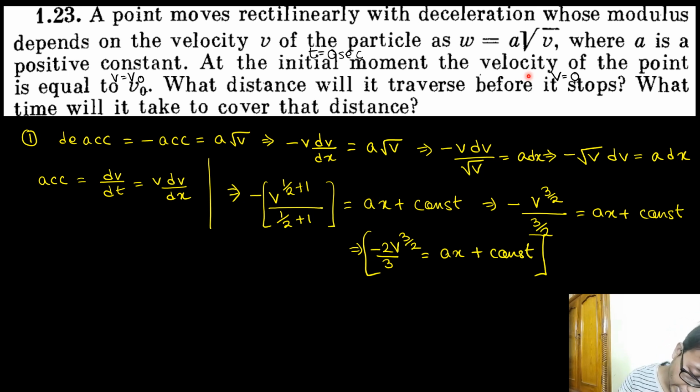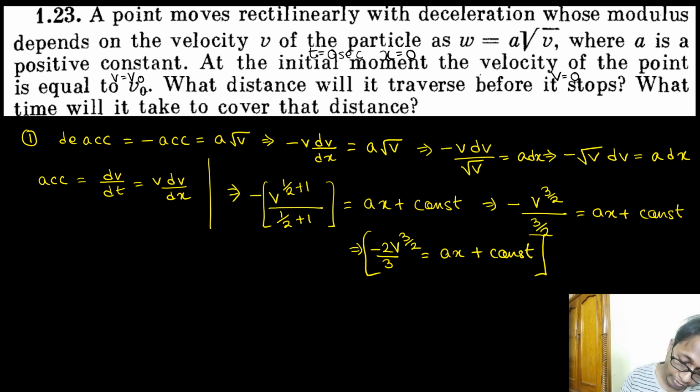At the initial moment, the velocity of the point is equal to v naught. That means when the distance was equal to 0, at t equal to 0, x is equal to 0 and v is equal to v naught.